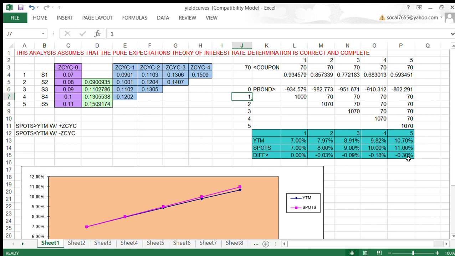And notice that that's less than the spot rate for 5-period of 11%, because these lower spot rates embedded in discounting these cash flows and getting at this price are lower.